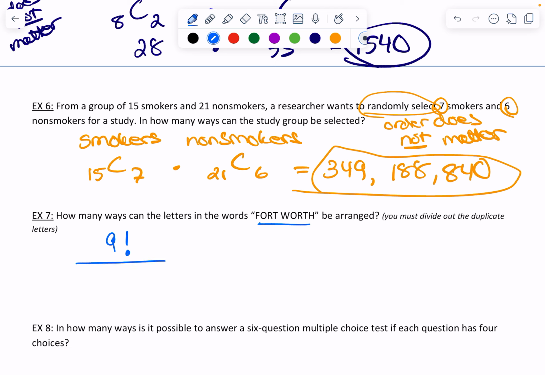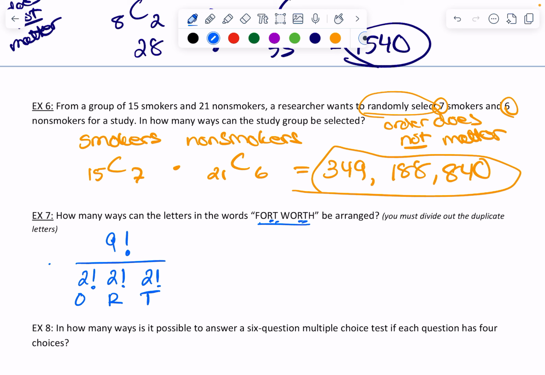Now, for this one, we can't use a combination or a permutation because we need to divide out the duplicates. So for example, the letter O, we've got 2 of them, so we need 2 factorial. Same thing for R. There's 2 R's on here, and there's 2 T's, so we need to take those into account. Yes, we have an F and a W and an H, but that would just be dividing by 1, so that doesn't really change it.